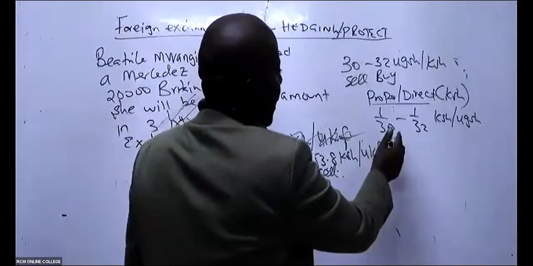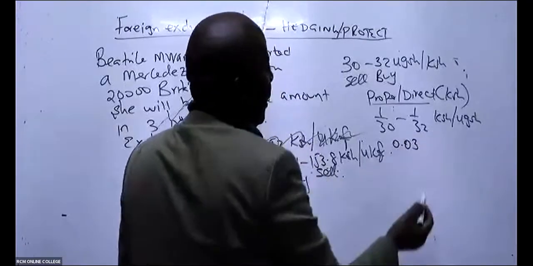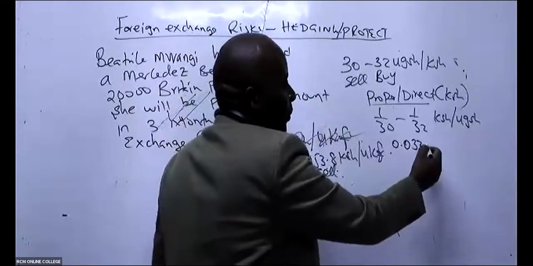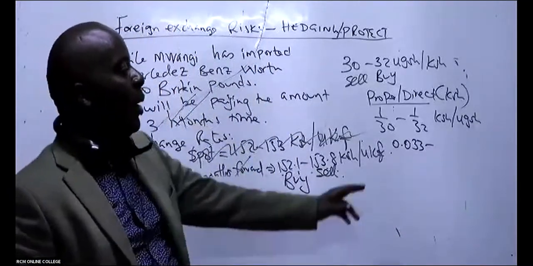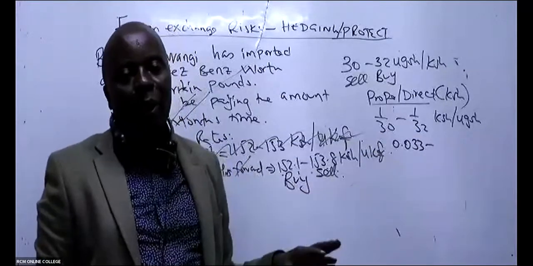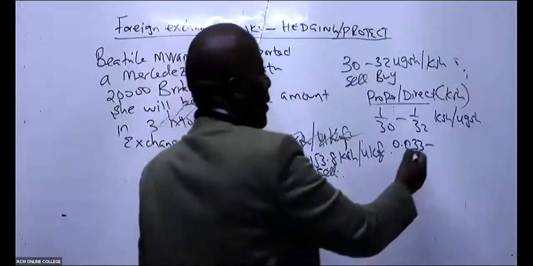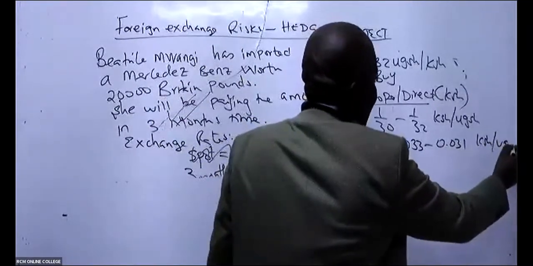We have to make them 3 decimal places, so this becomes 0.033. How about 1/32? It becomes 0.031 Kenya shillings per Uganda shilling.